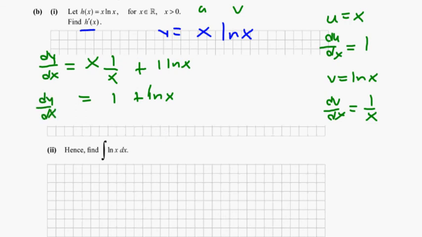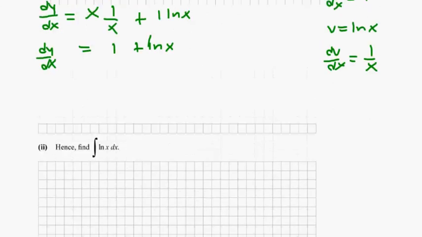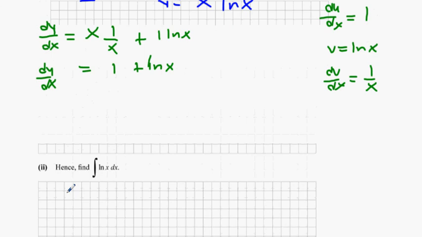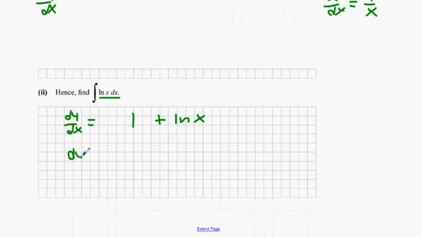Now, does anybody remember the trick to these types of questions? What we do is we take this last line, dy/dx equals 1 plus ln x. We're looking for ln x dx. How could you turn that into ln x dx from that last line? Integrate. But before you integrate, cross multiply.